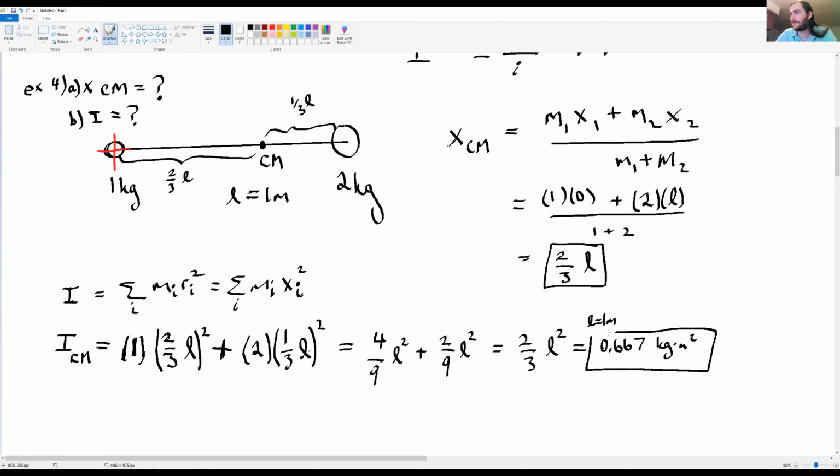Now, what would happen if we were to increase the masses of these two balls on the end?